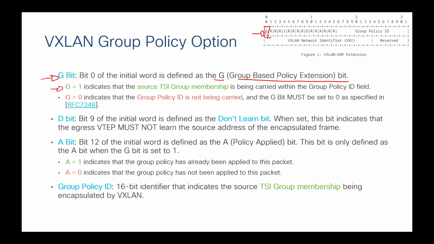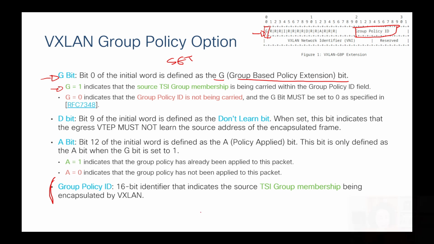When we have G equals 1, it indicates that the source TSI group membership, meaning the SGT, so the group tag of the source of the flow, is being carried within the group policy ID field. The group policy ID field being this field there, and it's defined at the end of the slide. It is a 16-bit identifier that indicates the source TSI group membership that is encapsulated by VXLAN.